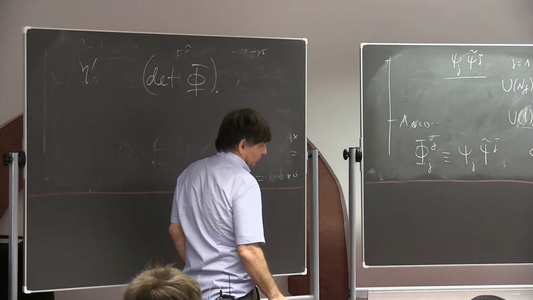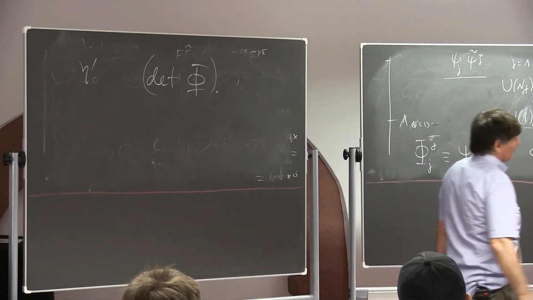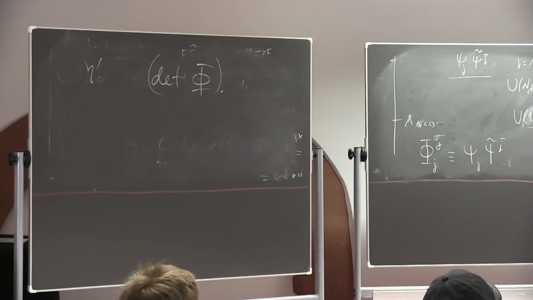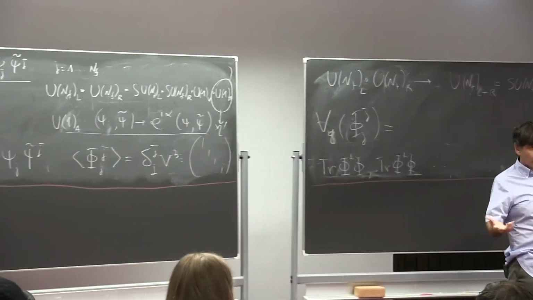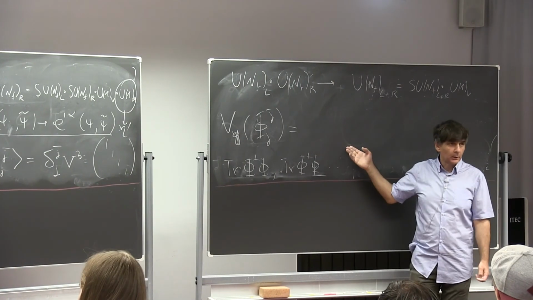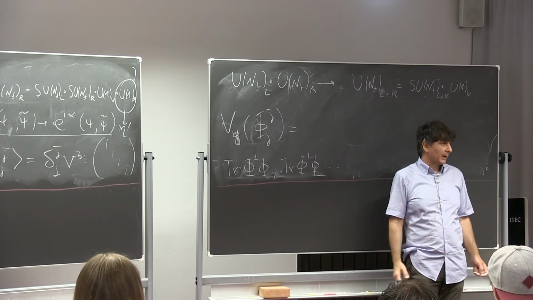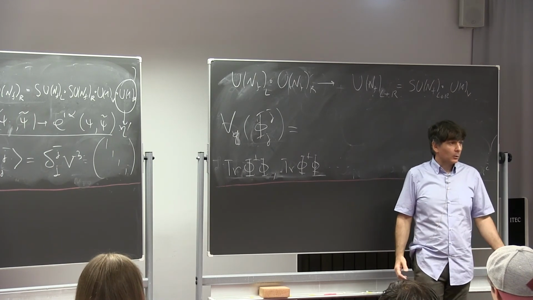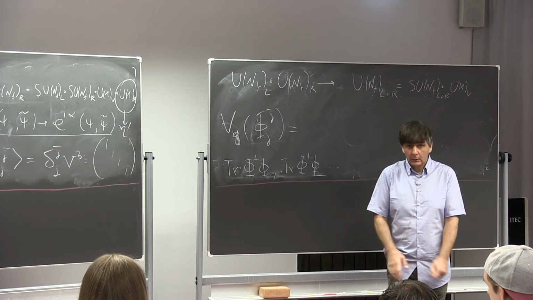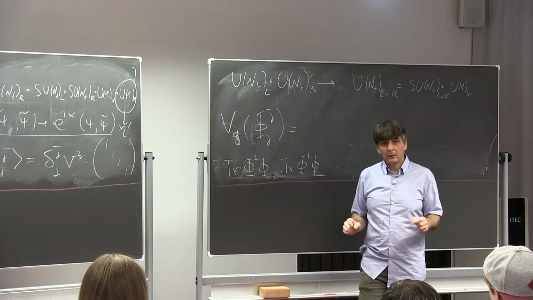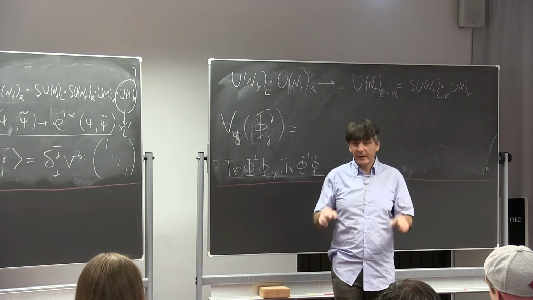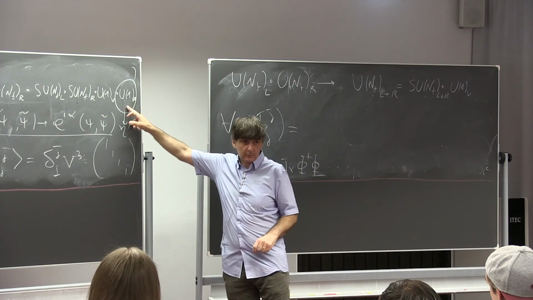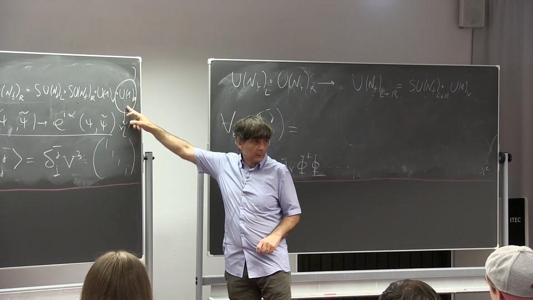Now you can ask this question: how could this type of potential generate mass for the eta prime? To generate mass for the eta prime, the potential should contain a term that explicitly breaks this U(1) axial symmetry. No other way.